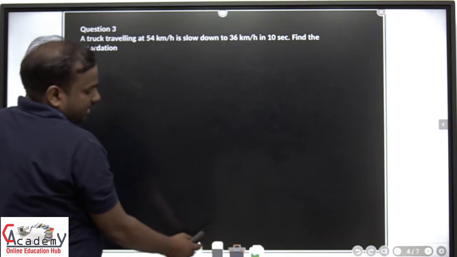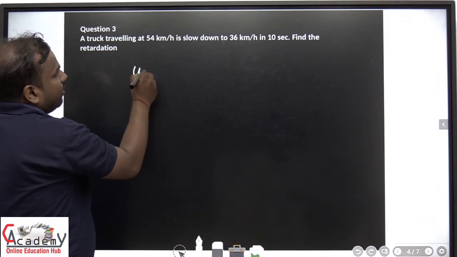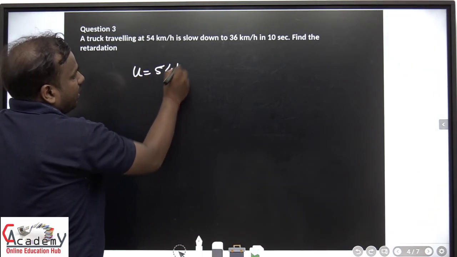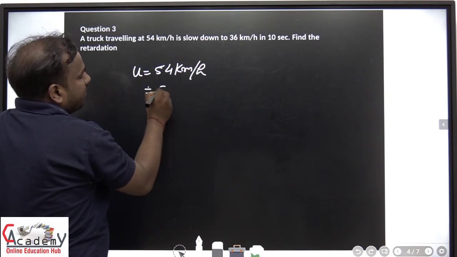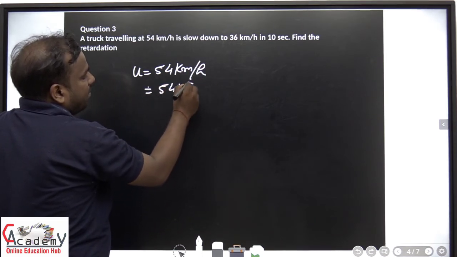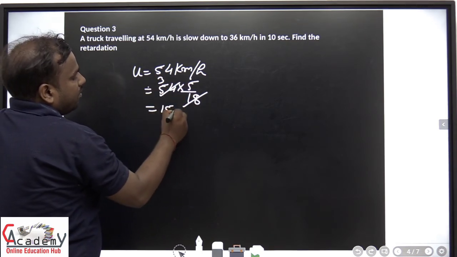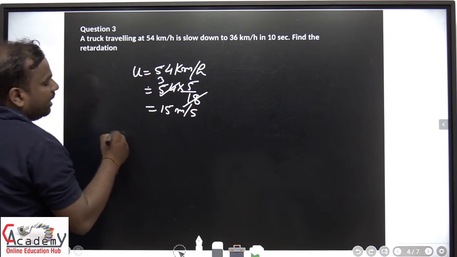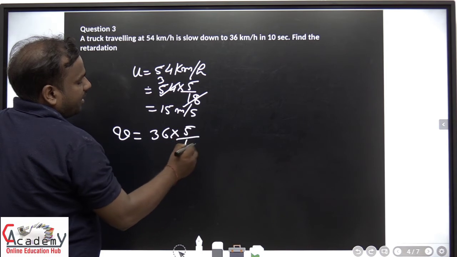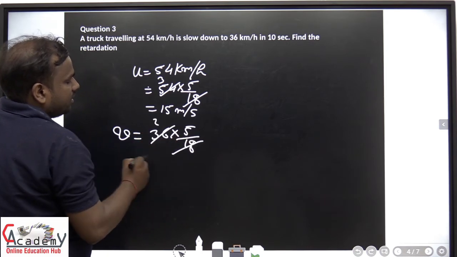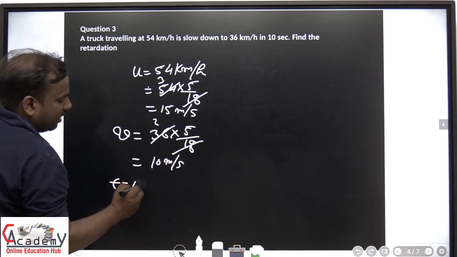Initial velocity is 54 kilometer per hour, which means 54 multiplied by 5 by 18, that is 15 meter per second. And the final velocity is 36 multiplied by 5 by 18, which means 10 meter per second. Understand? Here time is 10 seconds.